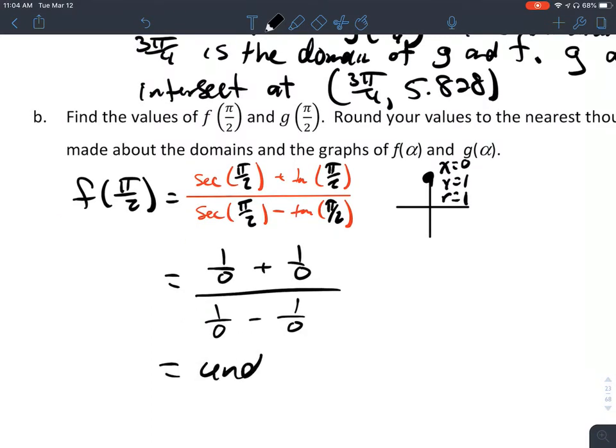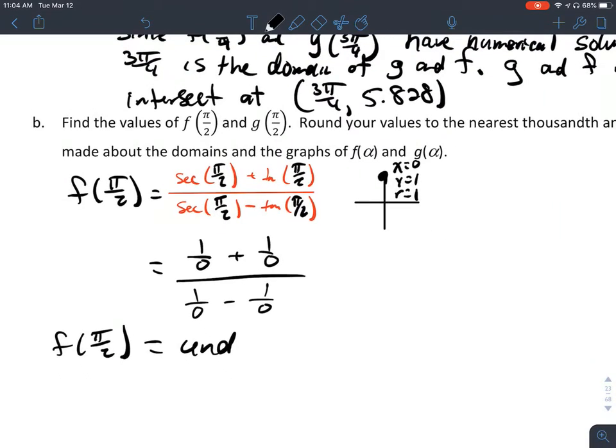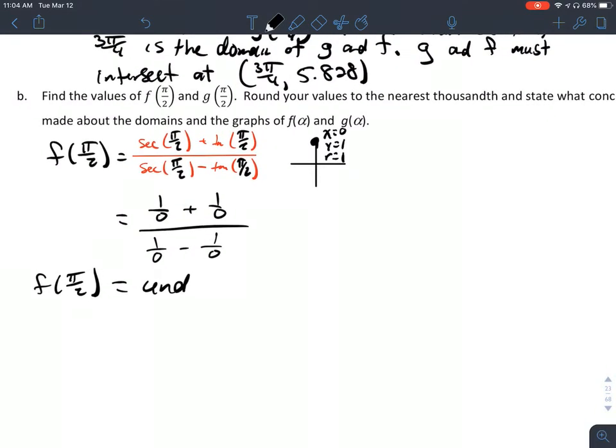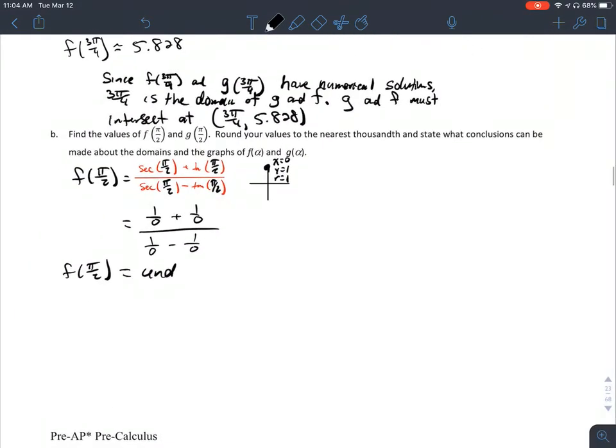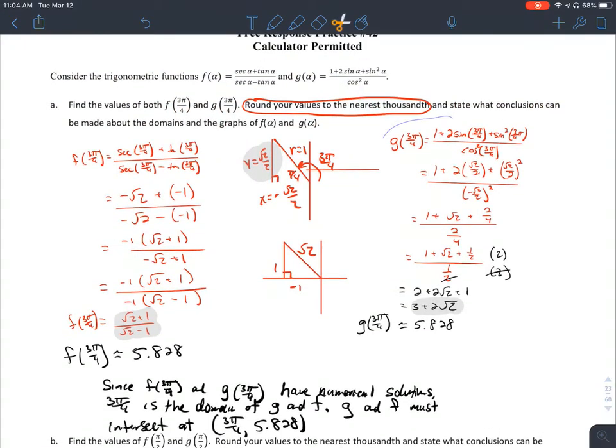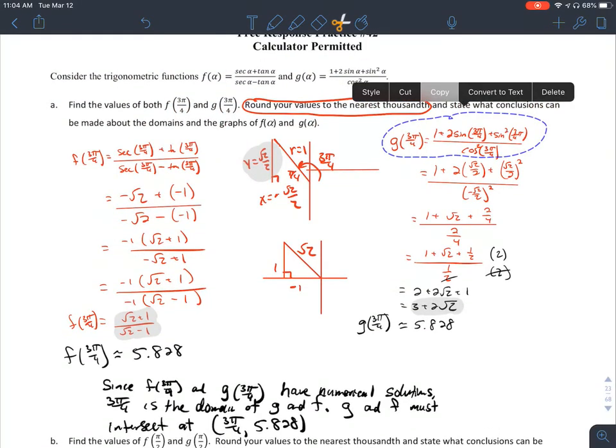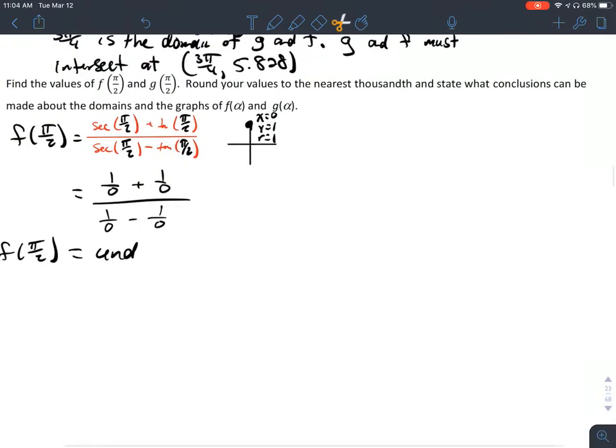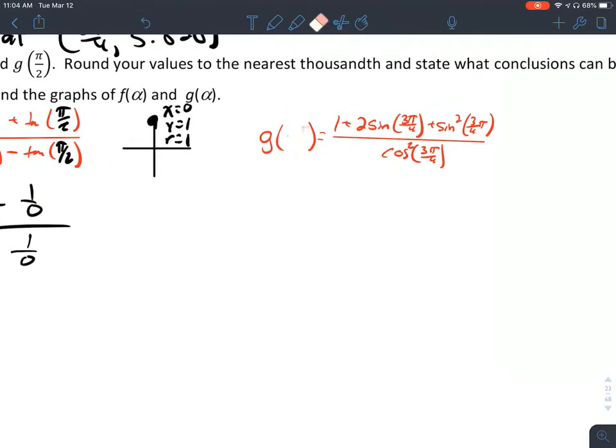So this is undefined. What's that mean about the domain? It means that pi over 2 is not in the domain of that function. Let's try g of x, which is this function. Just put pi over 2 into this, so I'm going to replace these angles with pi over 2.